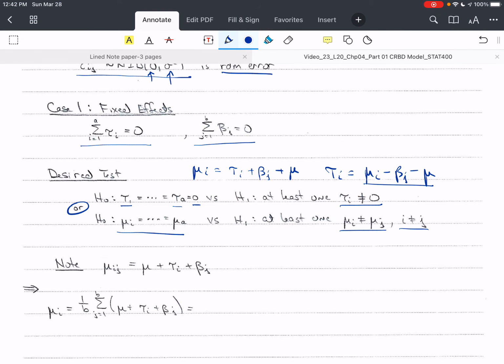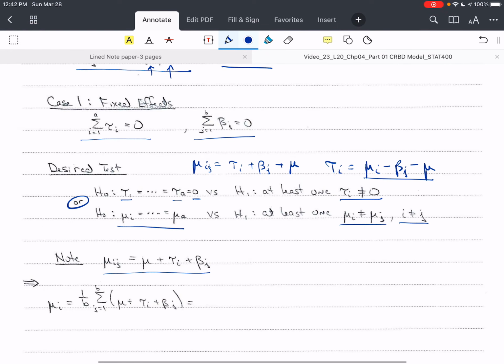And so here, I'm sorry, I left out a subscript, mu ij. Mu ij is mu plus tau i plus beta j, okay? And to get mu i, we would have to sum over the j's and take the average. So we're going to say j equals 1 to b and then 1 over b of this. And what do we get here?